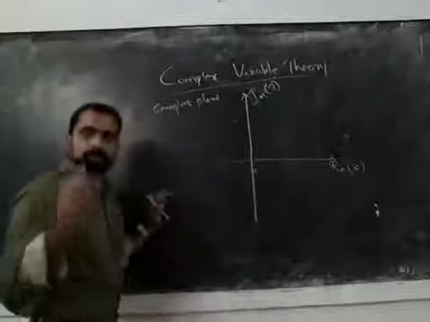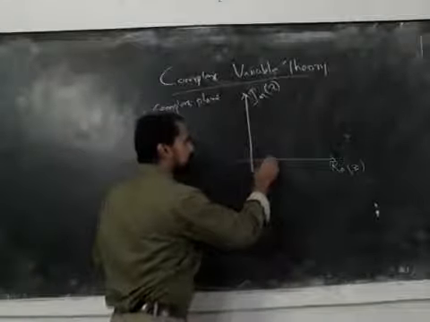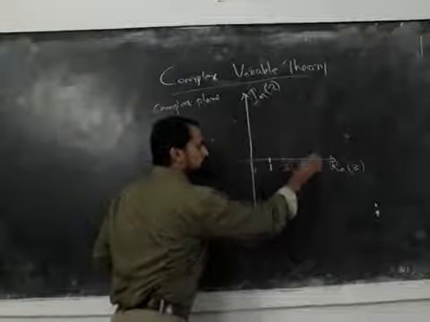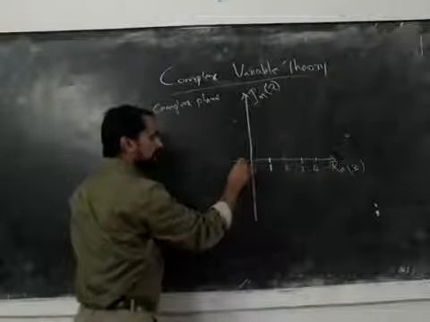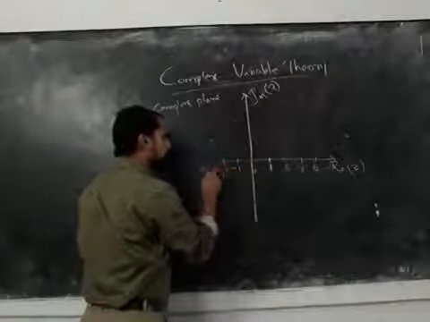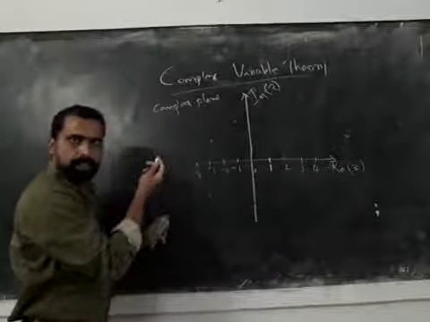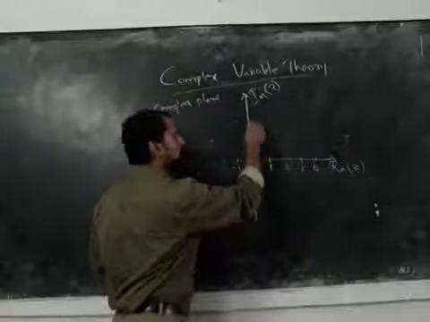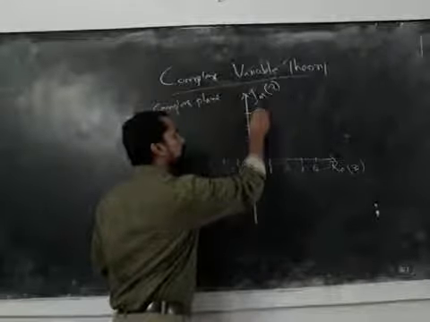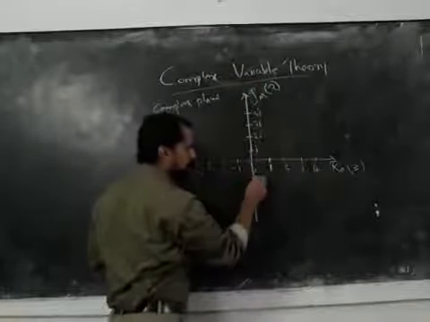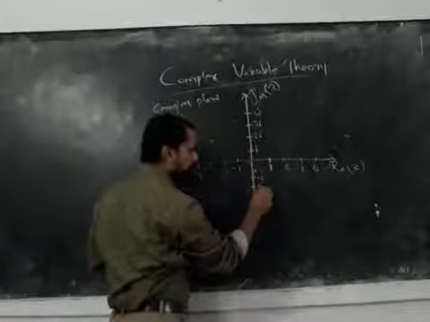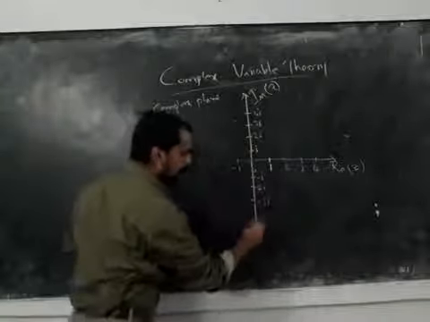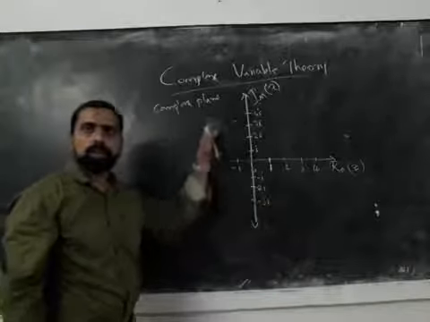For example, to represent this i: on the real axis, just like before, you put 1, 2, 3, 4, etc., and here minus 1, minus 2, minus 3, minus 4, etc. And on the imaginary axis we put i, 2i, 3i, 4i, etc., and here minus i, minus 2i, minus 3i, etc. So this is called a complex plane.